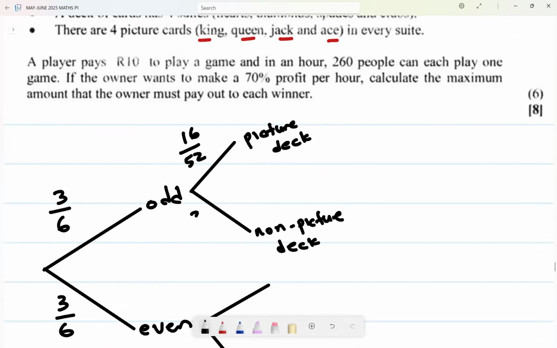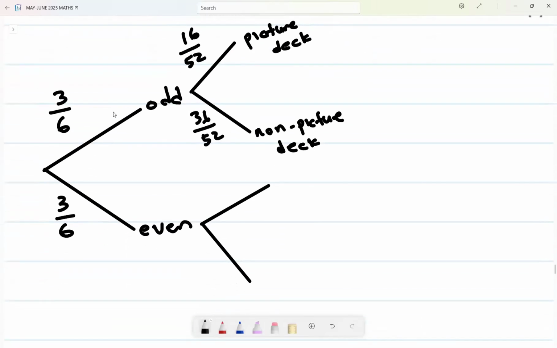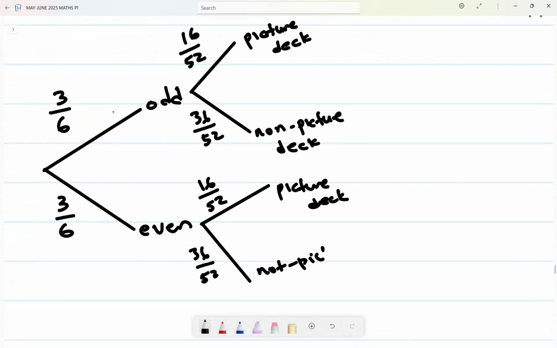It's just 36 divided by 52. Also here, it's the same, guys. 16 divided by 52, not 32. Here it's either a picture deck or not a picture deck.